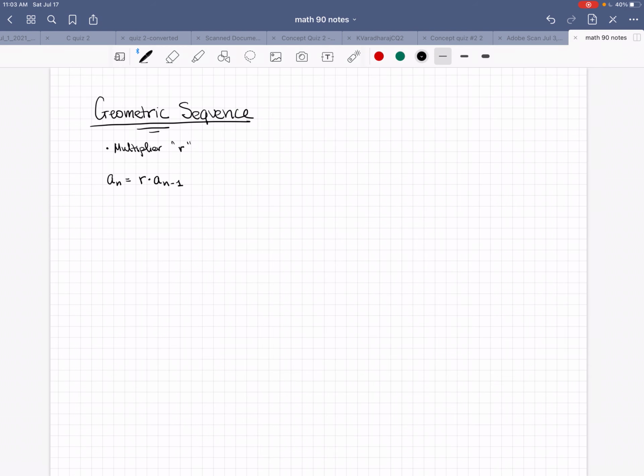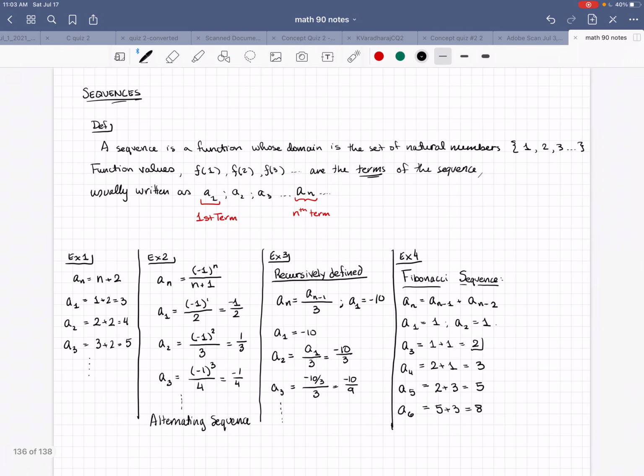So in fact, without telling anybody, if we just go back to the previous page, our third example, in fact, sort of our first example of a recursively defined sequence, we didn't say this, but this was a geometric sequence because every term was the term before it multiplied by 1/3.